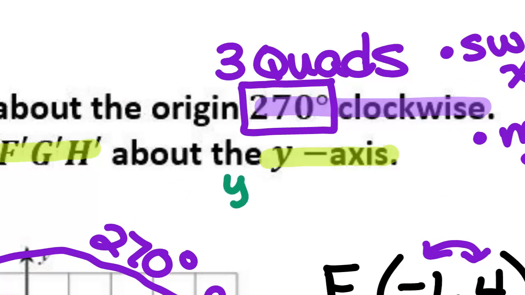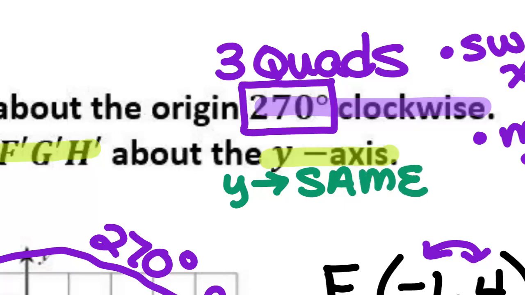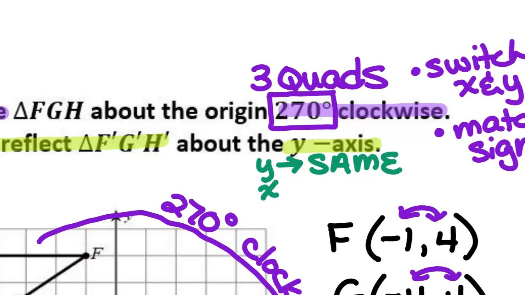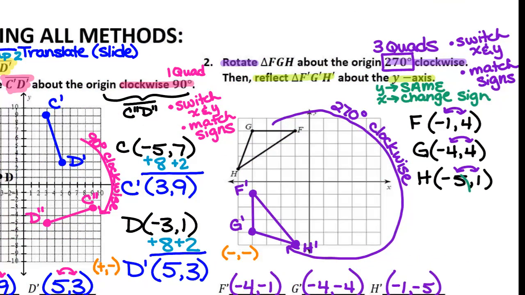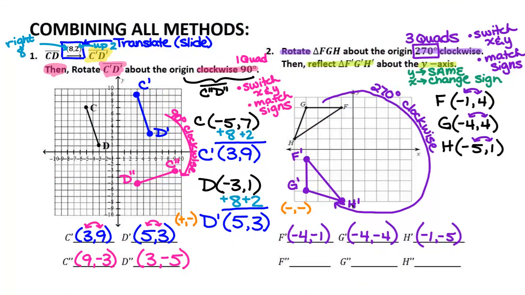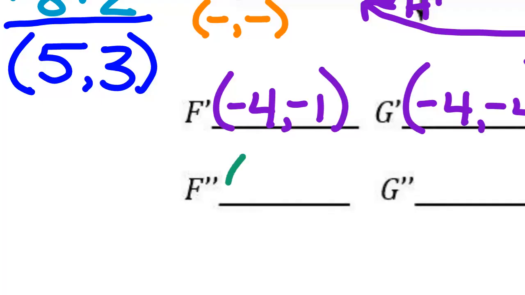So y is going to stay the same. What happens to our x? Change the sign. So instead of all of my x's being negative, this is going to make all of my x's positive, but the y stays the same.